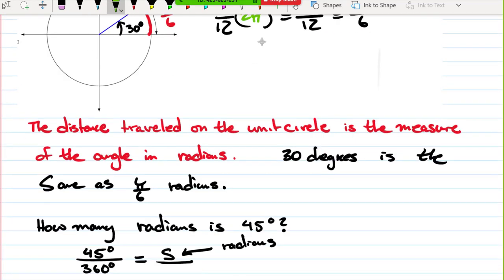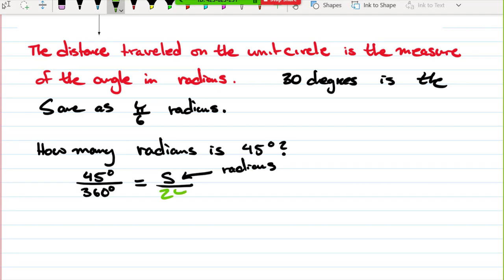Well, it was 2 pi. So this gives us our proportion that we need to solve.